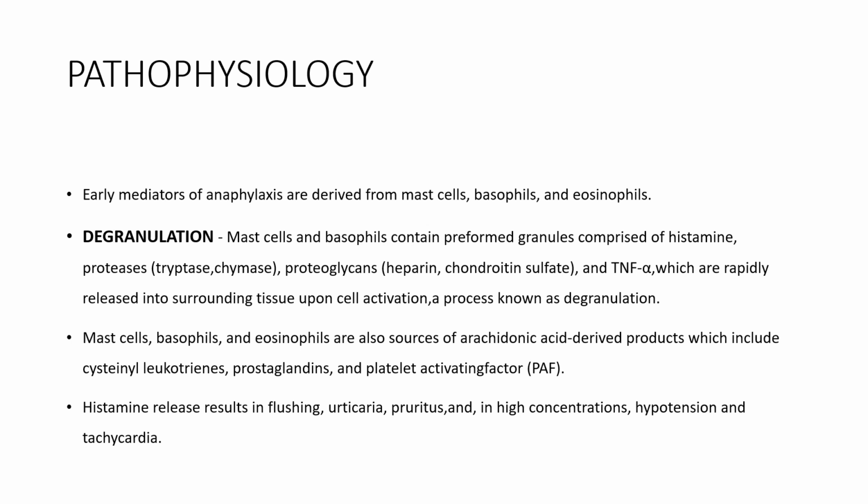Mast cells, basophils, and eosinophils are also sources of arachidonic acid. We also know that arachidonic acid itself is a source for prostaglandins and leukotrienes. Histamine thus released due to degranulation causes flushing, urticaria, pruritus, and in higher concentration, hypotension and tachycardia.